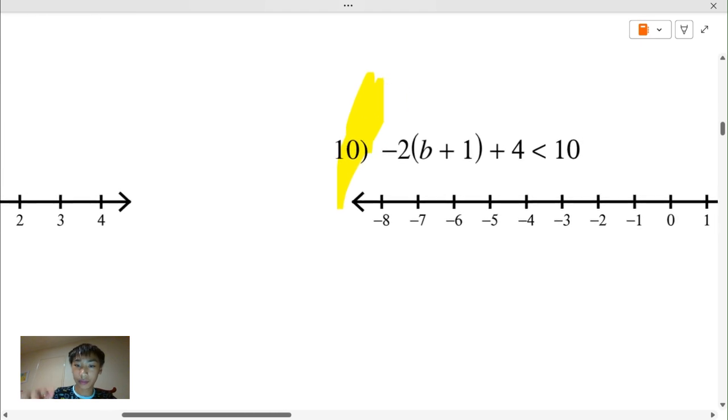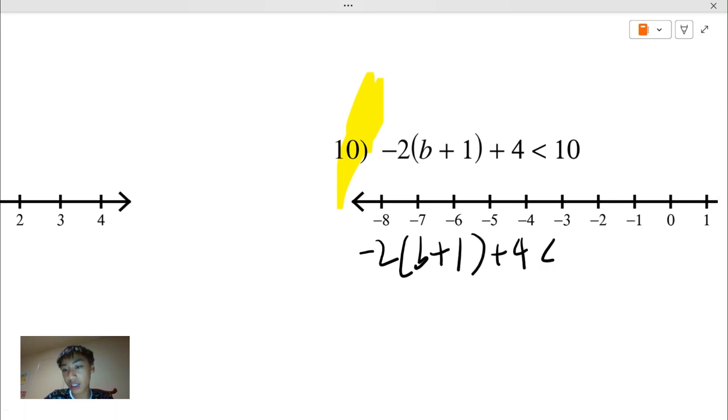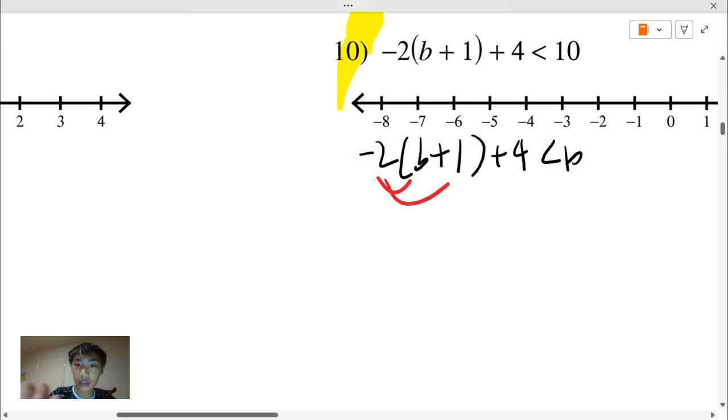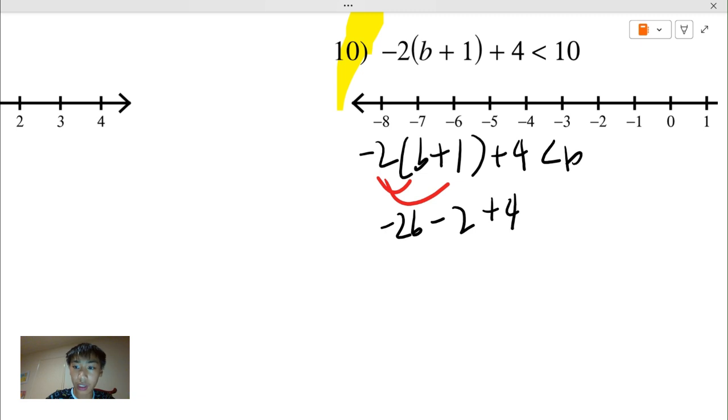Question 10. Minus 2 brackets b plus 1 plus 4 is less than 10. We have to distribute this, and we get minus 2b minus 2 plus 4 is less than 10. Then we go minus 2b plus 2 is less than 10. Minus 2 from both sides.